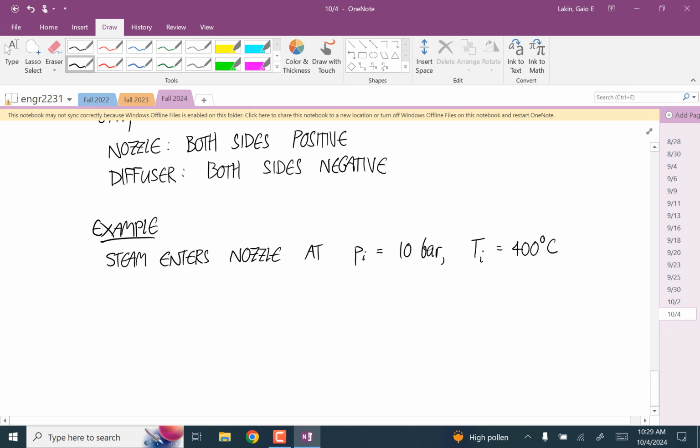What this means is you don't want to make this nozzle with your thumb over the end. And it leaves at a pressure of 3 bar and an exit temperature of 200 degrees Celsius.